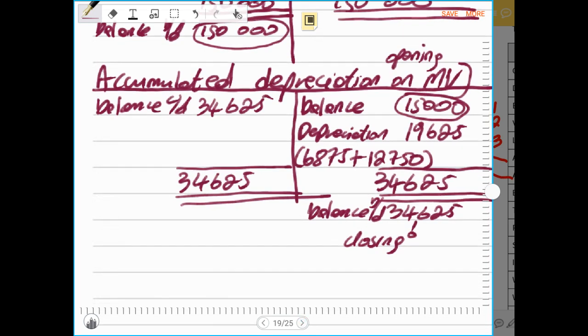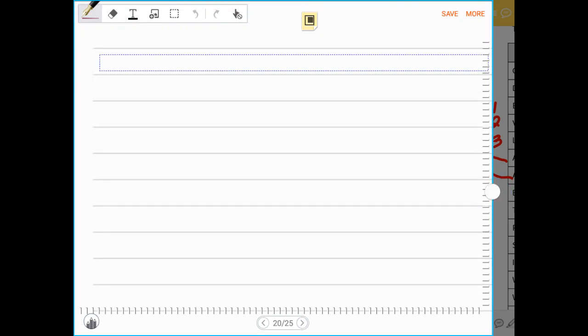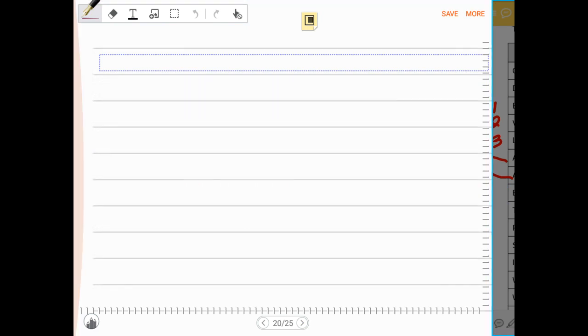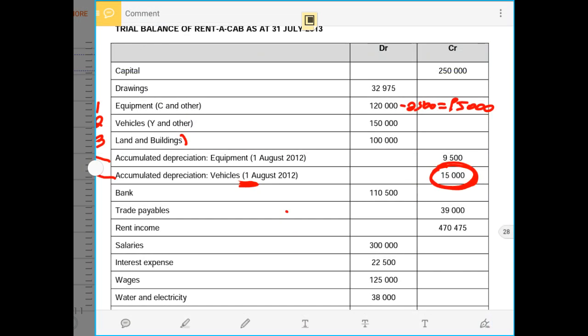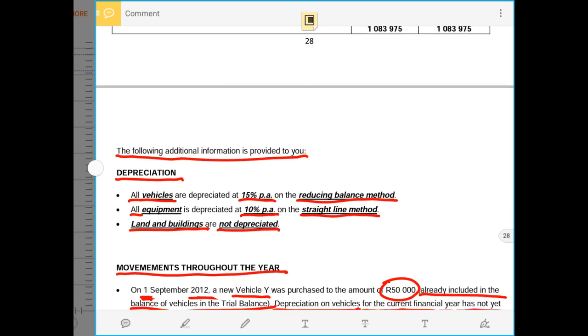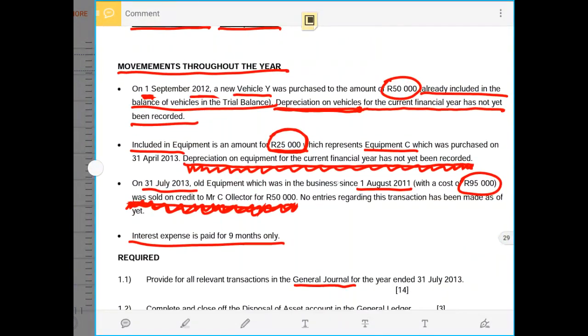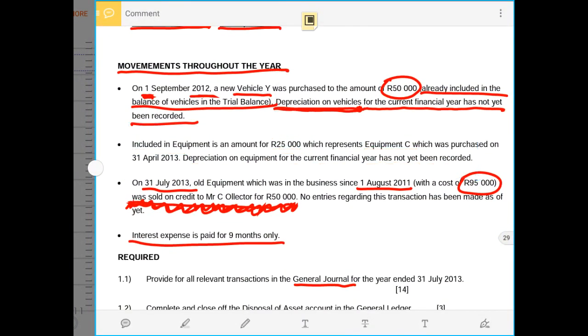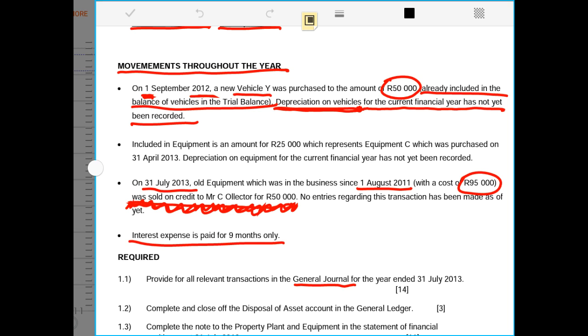So now let me just go to the new page where I will be tackling the ledger accounts for the equipment. Let me read all the transactions that affect my equipment ledger account. So in the equipment, I know that we start on the second dot.